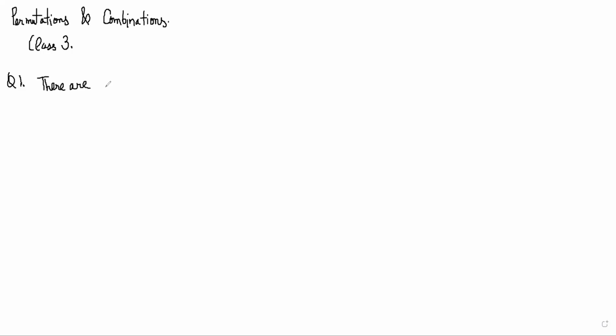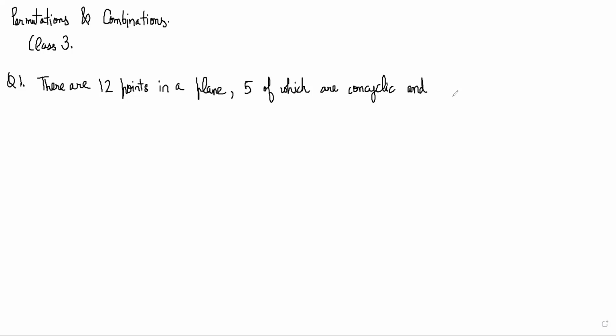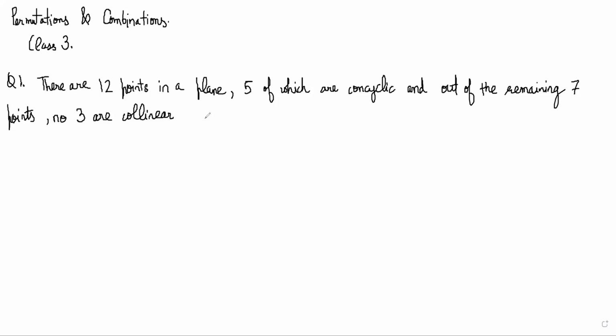So the question is: there are 12 points in a plane, five of which are concyclic, and out of the remaining 7 points, no three are collinear and none concyclic with the previous 5 points.